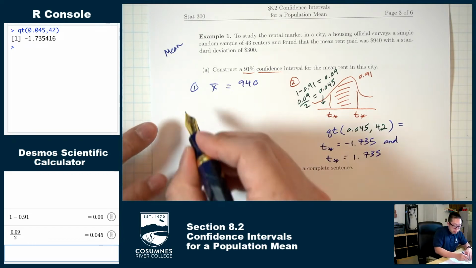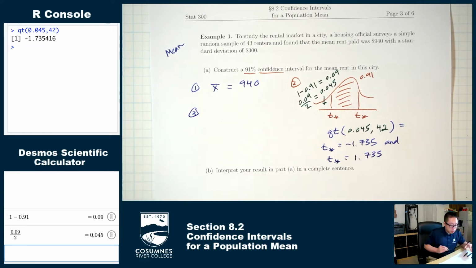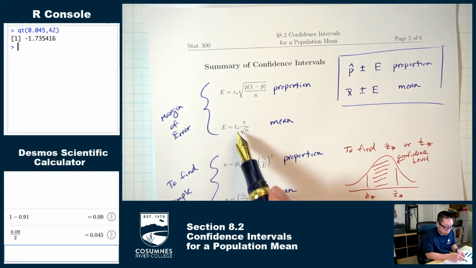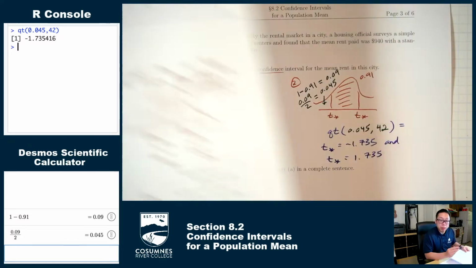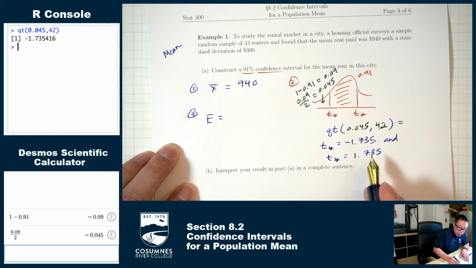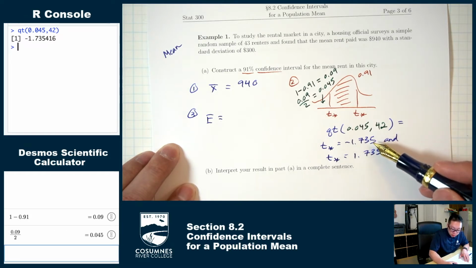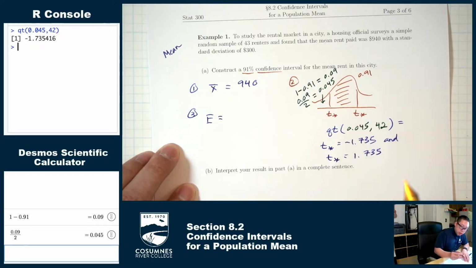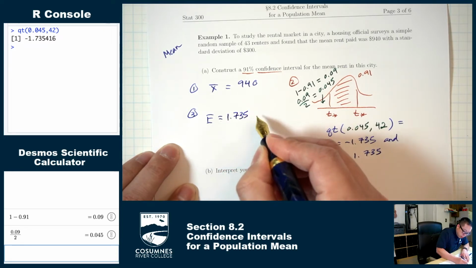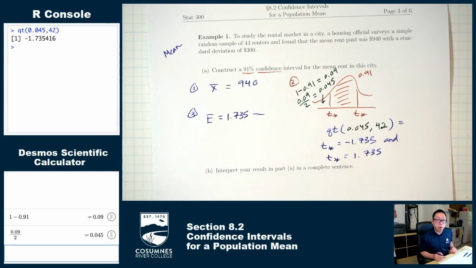Step 3 is to find our margin of error. We're talking about means, so our margin of error is going to be t star times s over square root of n. T star, I always use the positive one, so I'm going to use 1.735. S over square root of n.